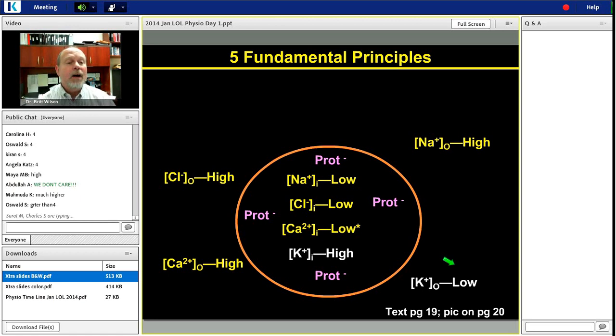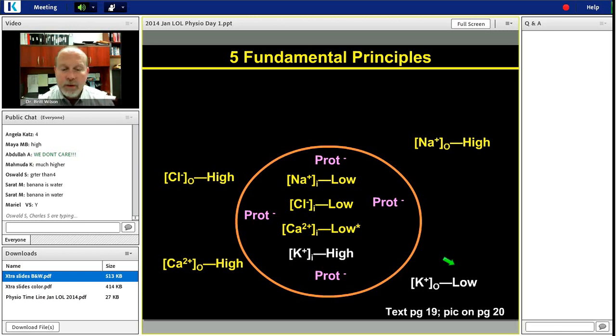And it's very important that we understand this distribution. Sodium, chloride, calcium, much higher outside than inside. Potassium, much higher inside than outside. Okay? That is the fundamental framework we need to start with.